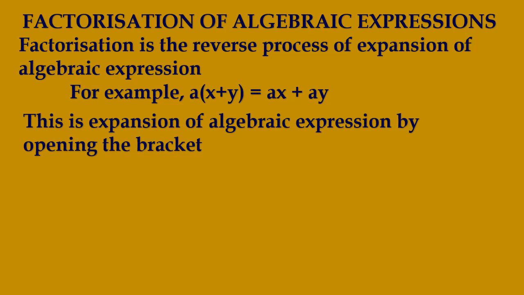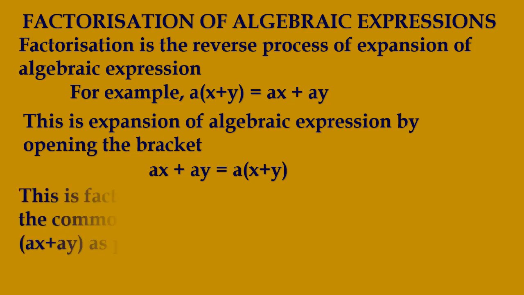Now let us think of the reverse. Ax plus ay equal to a into, in bracket, x plus y. So what we have done here? Ax plus ay, in both the terms a is common. We have taken that common factor out and we have put that x plus y in the bracket.